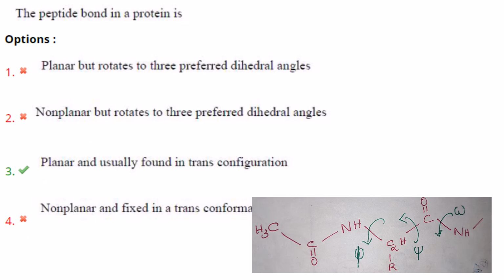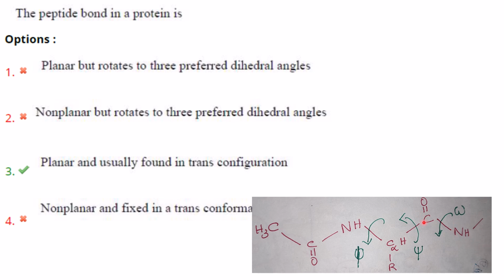Then next one, the peptide bond in a protein is. So peptide bond rotates to 3 preferred dihedral angles. Now the peptide bond is not able to rotate freely. It has a partial double bond character because of the CONH bond.